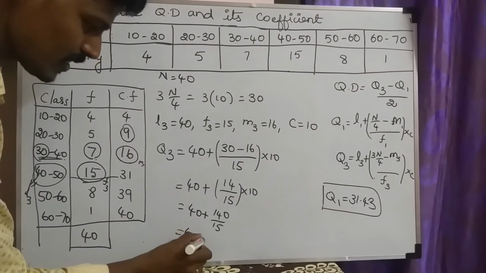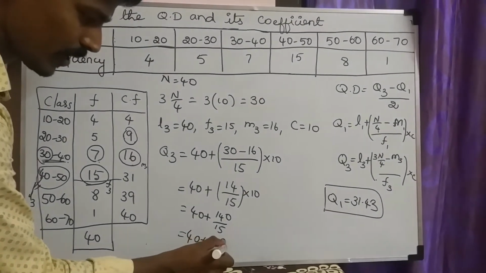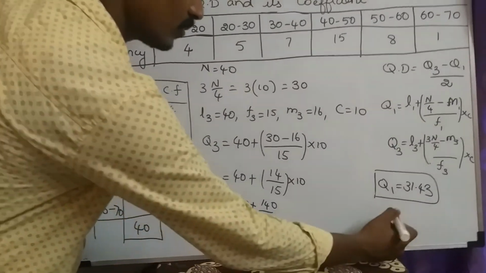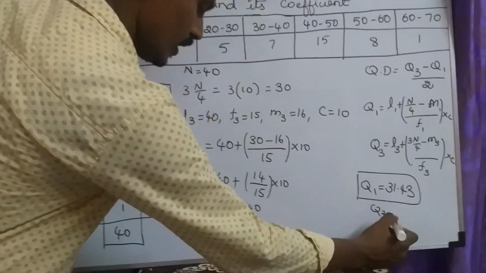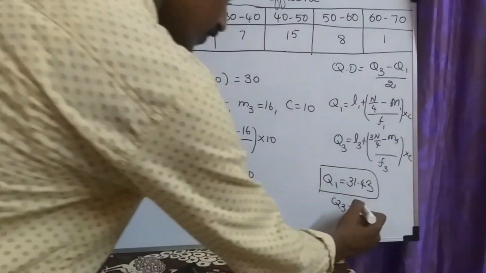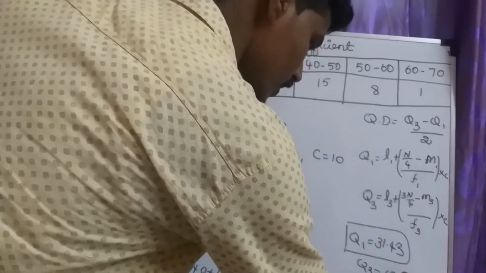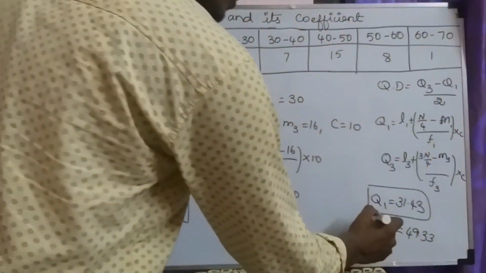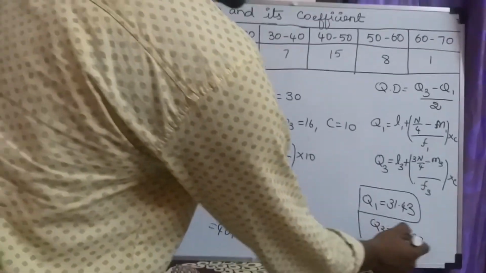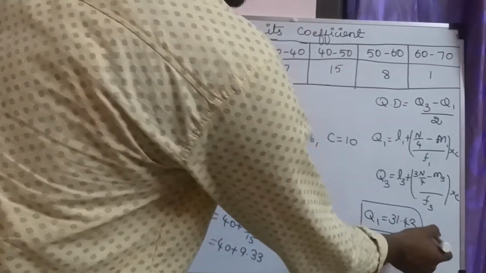So 40 plus 9.33. Therefore Q3 equals 49.33.